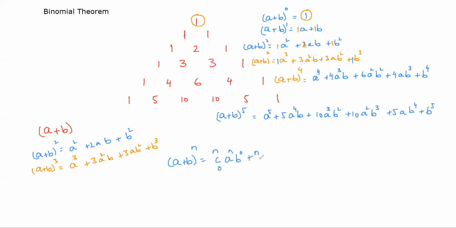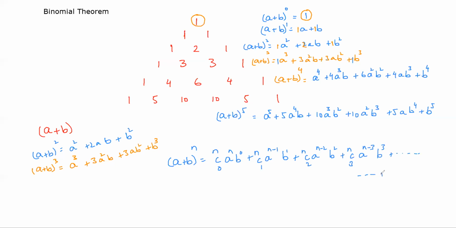And then you have nC1, a raised to power n minus 1 and b. Now the powers on a will be decreasing and the powers on b will start increasing. Plus nC2, this is a raised to power n minus 2, b squared, plus nC3, a raised to power n minus 3, b cubed, and so on.